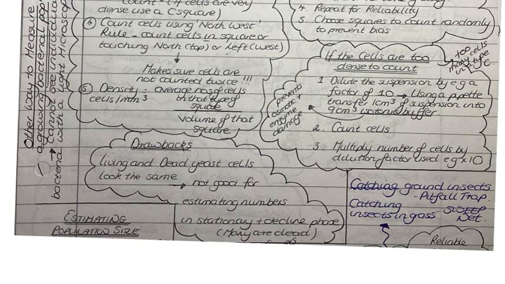So what happens if you look down the microscope and you've got a type C square and you've still got too many cells? What you do is you dilute the suspension by a known factor, a dilution factor. So for example, your conical flask, you would dilute it by a factor of 10. How would you do that? You would give it a good stir, and then using a pipette, transfer 1 cubic centimetre of that suspension into, it could be a boiling tube.